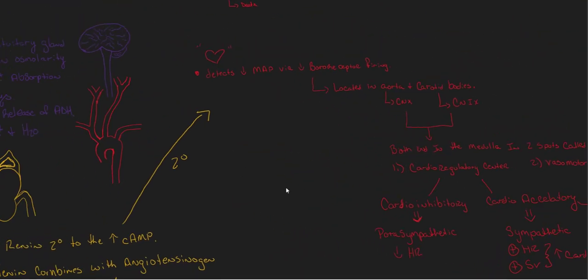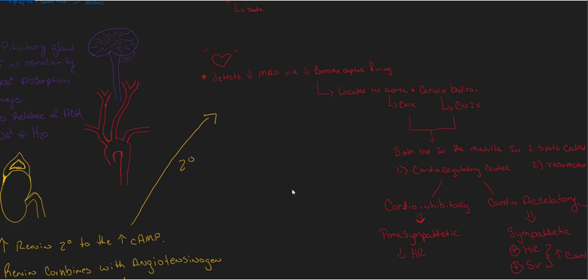Let's take the flip side for shock. The same concept takes place, except instead of having high pressures, we have a low pressure. So now those stretch receptors have decreased, and they're not reaching that minimum stretch that the body has predetermined to be normal.